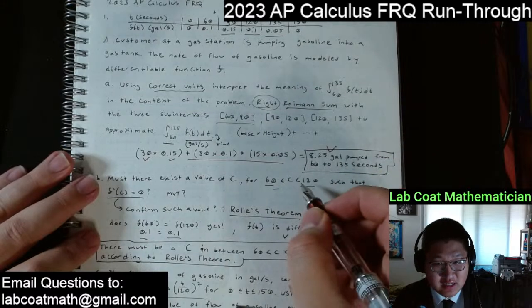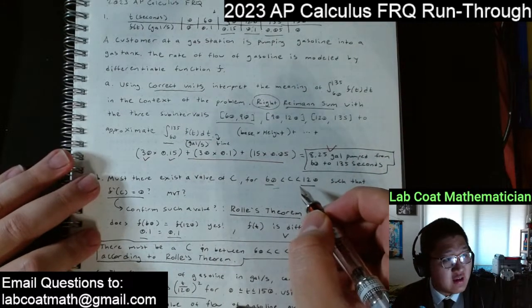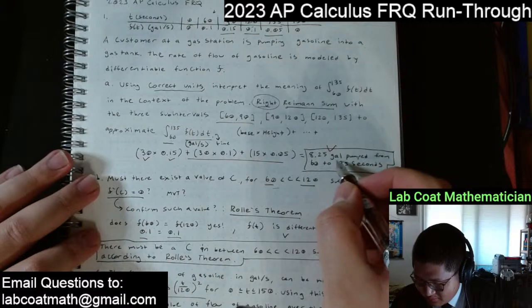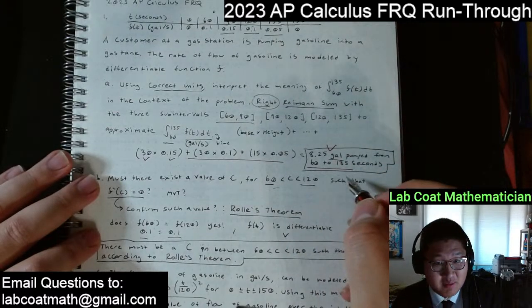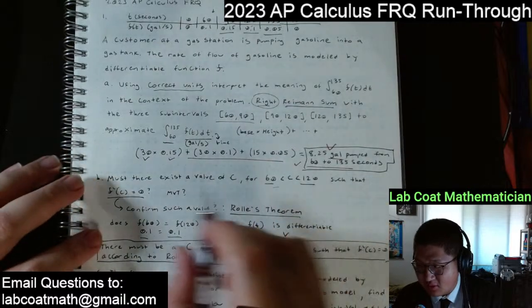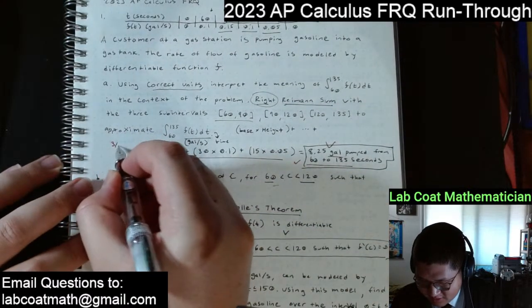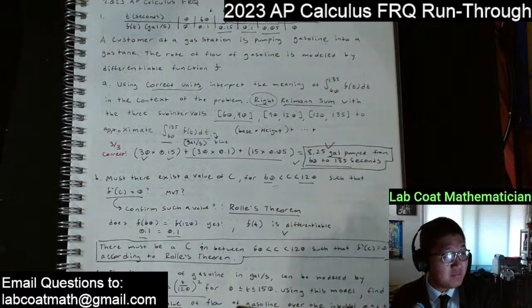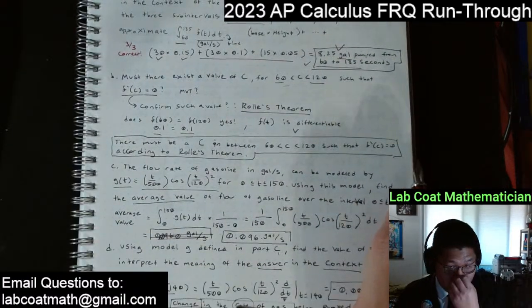That is the correct answer, and the way that Riemann sum is formed. And the units, of course, are the number of gallons pumped in between that time interval from 60 to 135 seconds. That's exactly what they're looking for. So part A will grant us all 3 out of 3 points. Then part B will continue.